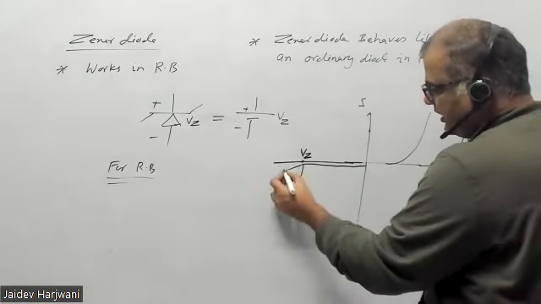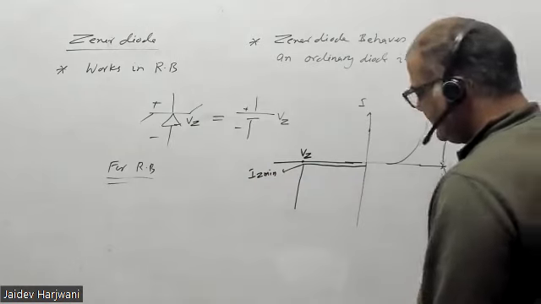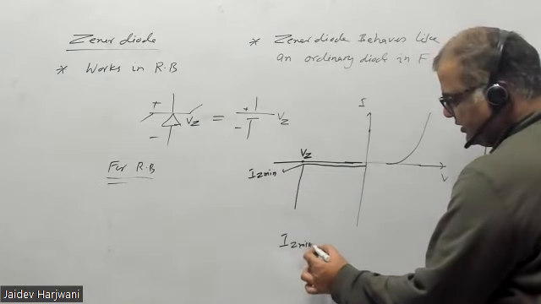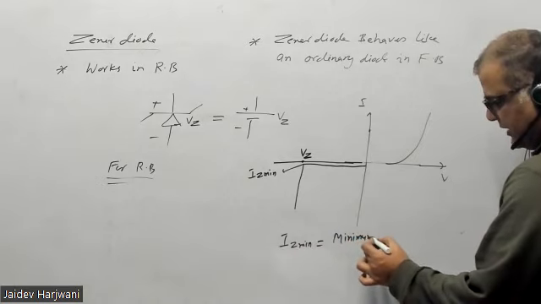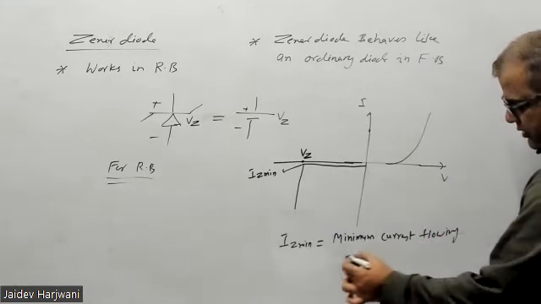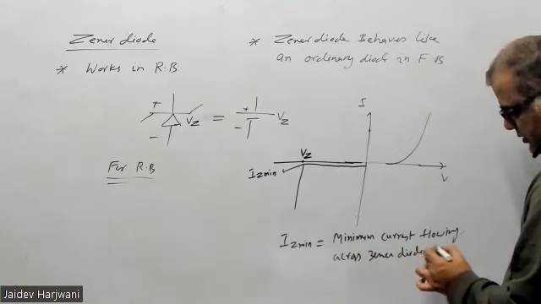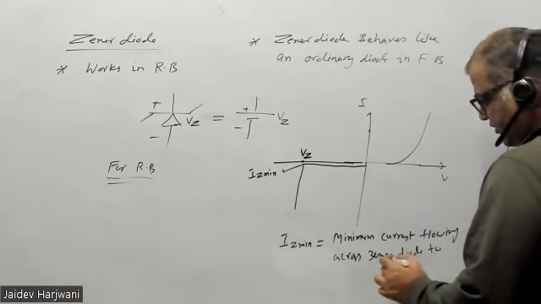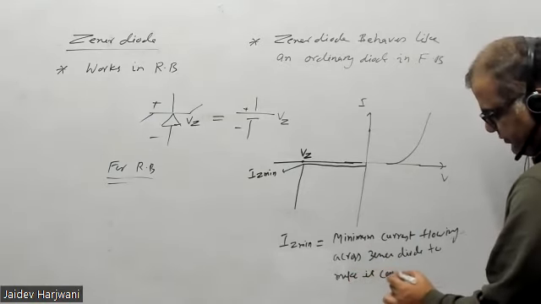Now there is a limit. This is called your IZ minimum. What is IZ minimum? It is the minimum current flowing across the Zener diode to make it conduct.